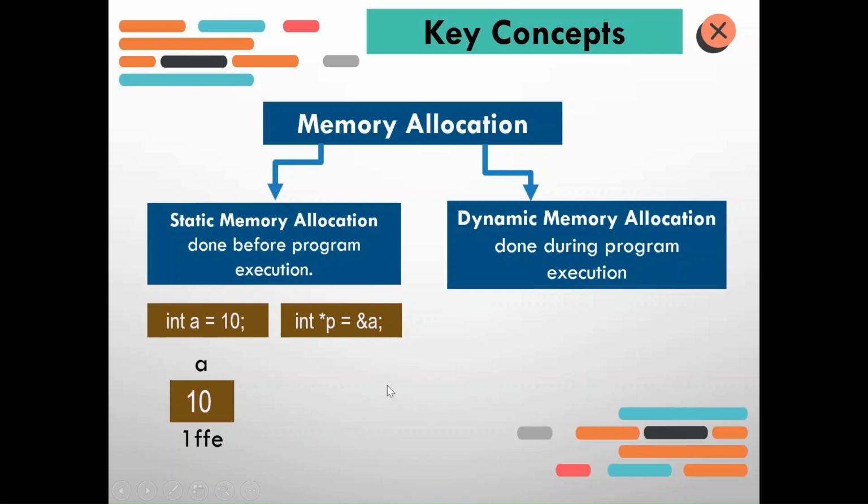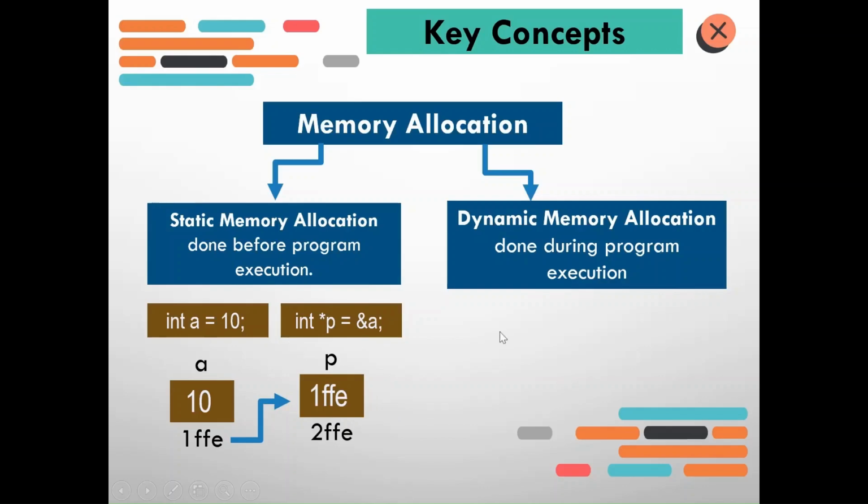Pictorially, we see here that p has been declared at memory location 2FFE. Again, a hypothetical value, but the important thing is, what are the contents of p? Contents of p are 1FFE, which is the address of a. So I am assigning the address of a to p, right? This is very important in the context of what we will be discussing shortly, that is the implementation of stack using linked list, right?